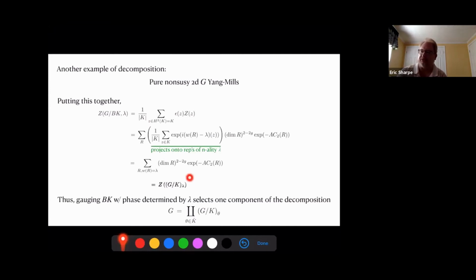In other words, it's the partition function of the G mod K gauge theory with discrete theta angle lambda. So the effect of gauging that BK with a phase determined by lambda is to select one component of the decomposition of that two-dimensional pure non-supersymmetric theory.